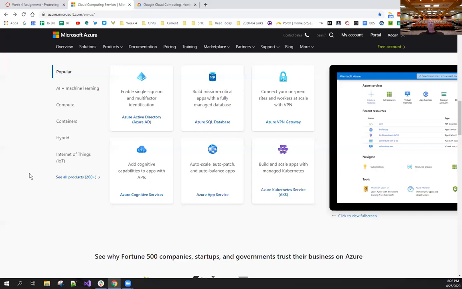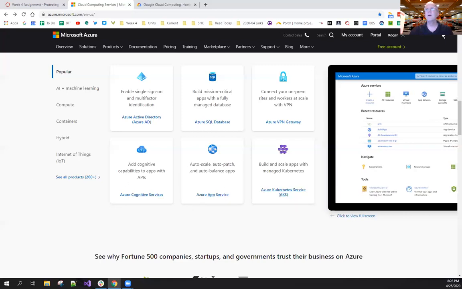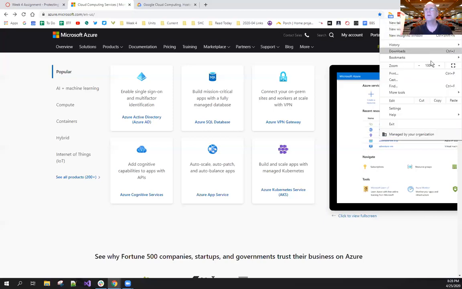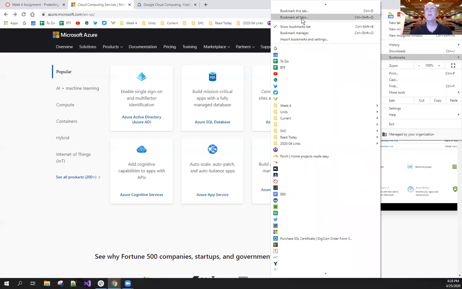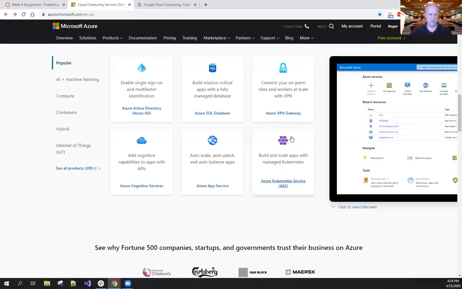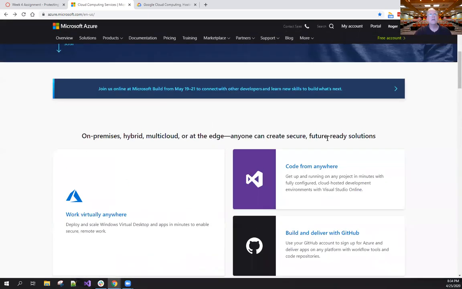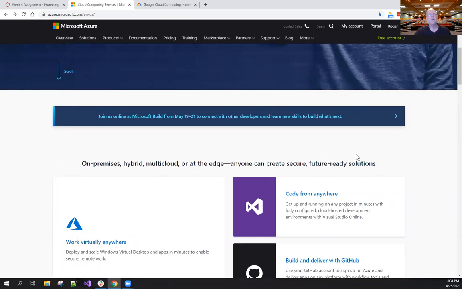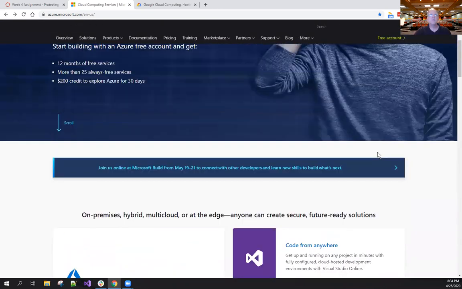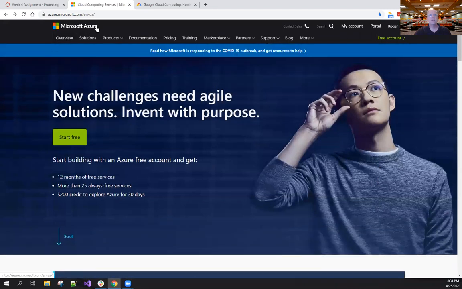So the question is, what does Microsoft Azure allow for to compete with the all right, so Amazon. Yeah, we know what we want. We want serverless, and we want non-SQL. So here is Microsoft Azure.